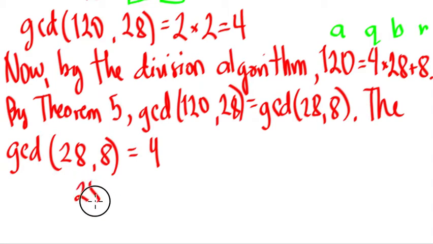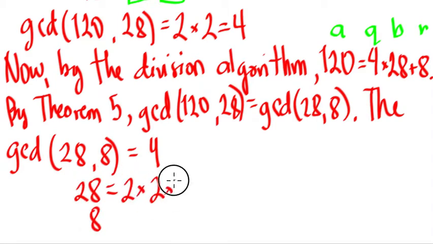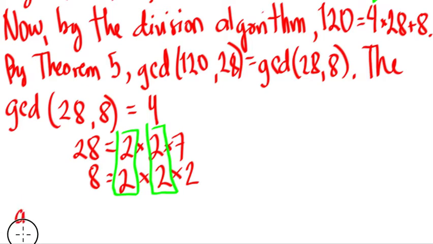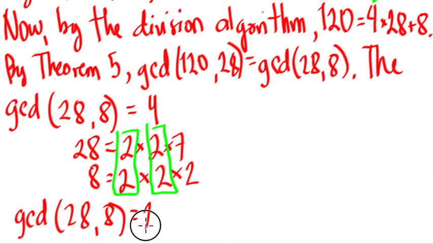Let's take 28 and 8. 28 is again 2 times 14, and 14 is 2 times 7. How about 8? 8 is 2 times 2 times 2. So indeed, we can see that the greatest common factor is 2 times 2. So the GCD of 28 and 8 is equal to 2 times 2, which is equal to 4.